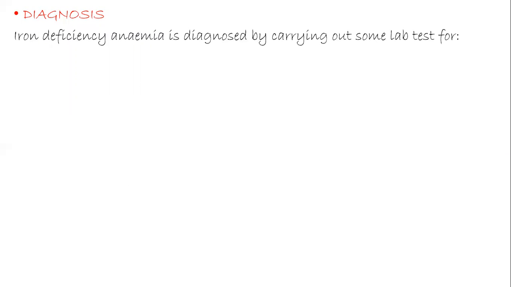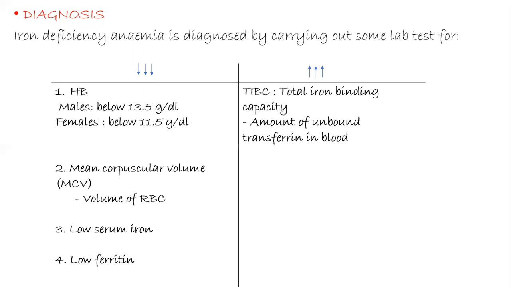Now we'll see some diagnostic tools. Iron deficiency anemia is diagnosed by carrying out some lab tests. For example, if the hemoglobin level is reduced below 13.5 grams per dL in males, and if it is reduced below 11.5 grams per dL in females, then we can say that this particular patient is suffering from anemia.